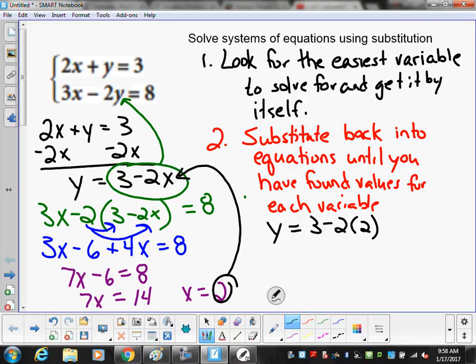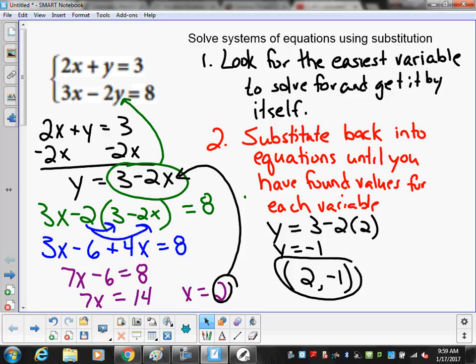So y equals negative 1. So my solution is the point (2, negative 1). Okay. Questions?